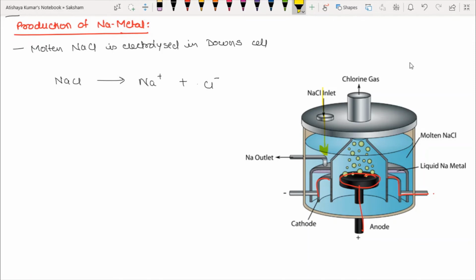Since Na+ is positively charged, it will be collected over the negatively charged electrode. So basically it is collected here, and since Cl- is negatively charged, it will get attracted to the positively charged electrode here.